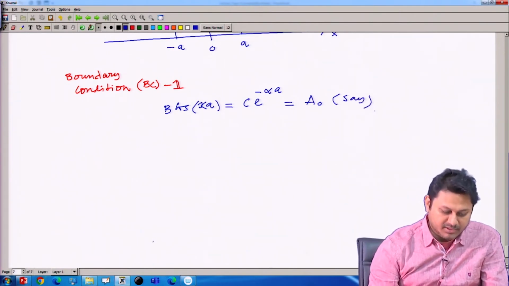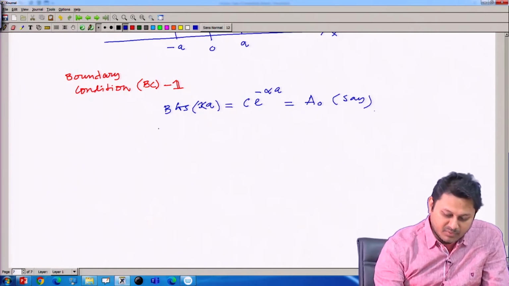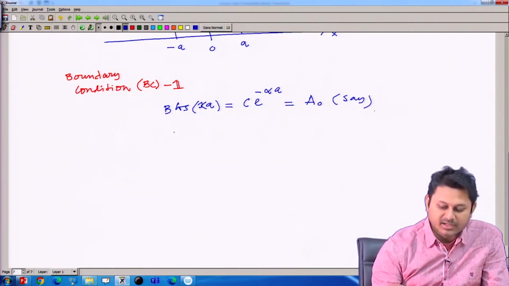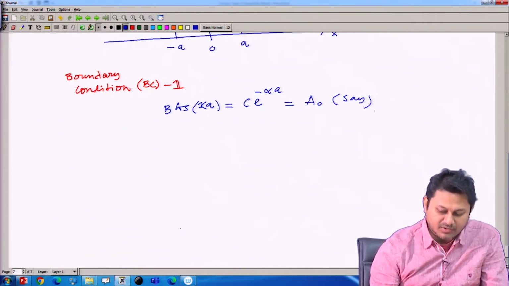This is one boundary condition, and after applying it I can write B and C in terms of a single constant A0.